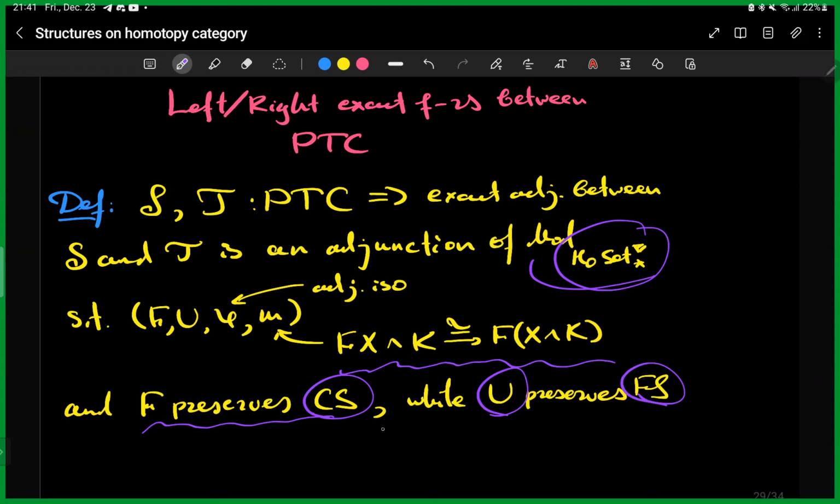And this condition somewhat exhibits a deficiency of the notion of pre-triangulated category because we can't drop any of these two. For Quillen adjunctions, we can assume that only the left functor is a left Quillen functor, left adjoint, and then we can deduce that the right adjoint is also a right Quillen functor. But here we have to assume that F preserves cofiber sequences and U preserves fiber sequences.